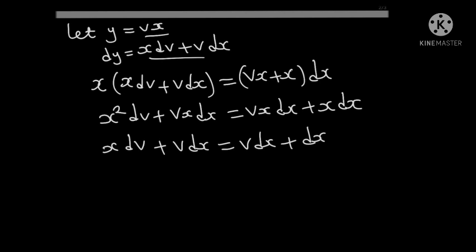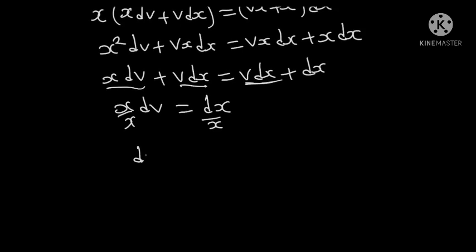Well, we can now subtract v dx from both sides. So that will give us x dv equals dx. Divide by x. So we have dv equals 1 over x dx.